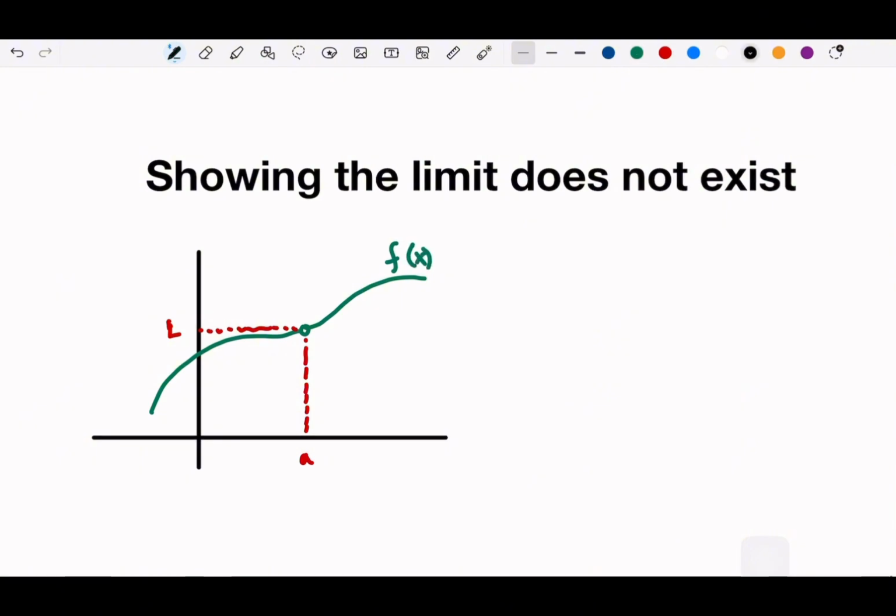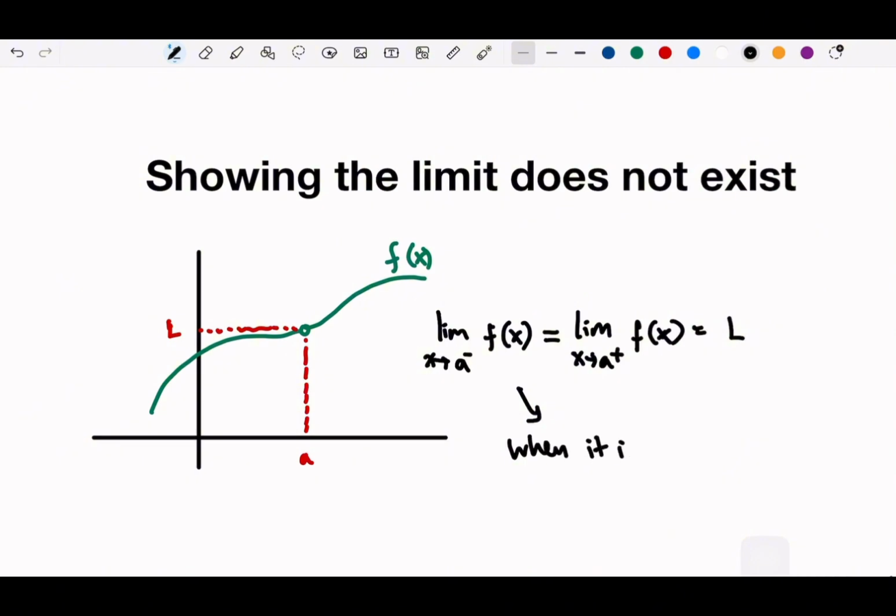We need to prove the limit as x approaches a from the left of f of x is equal, if there is a limit, to the limit from the right. And this will be equal to L, right? But when it is not equal, then the limit doesn't exist.